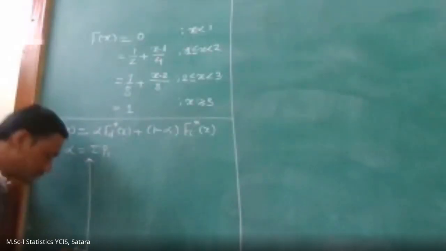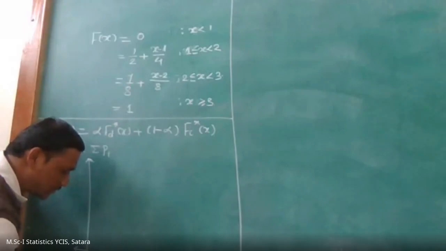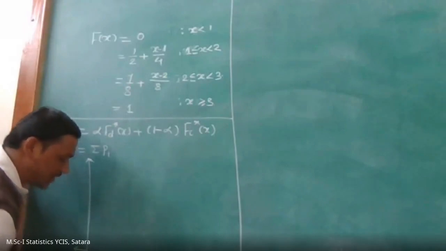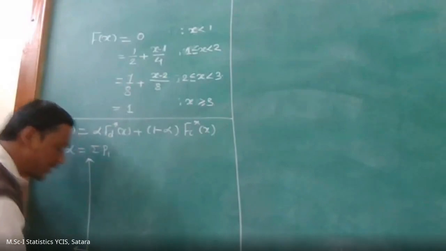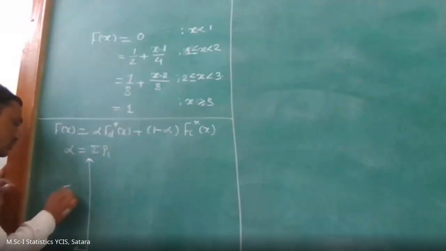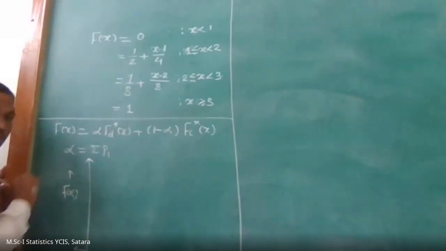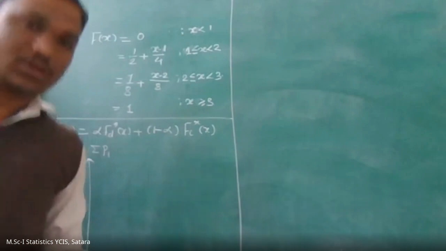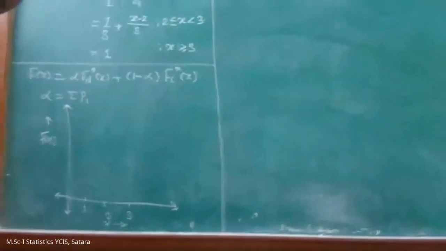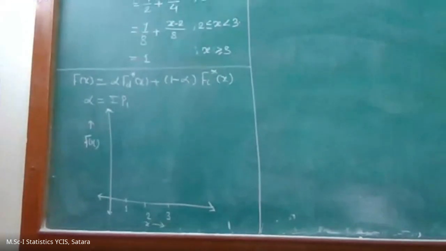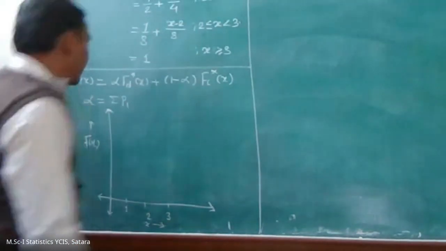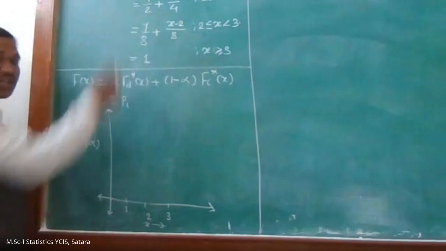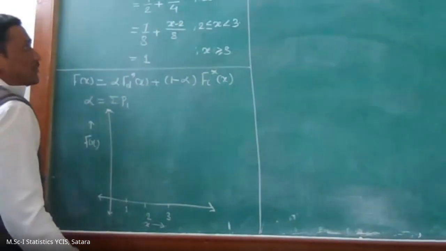Here we are taking the values 1, 2, and 3. These are the values of x, and the values of F(x) are on the y-axis. Then we have to draw the sketch of the given distribution function.